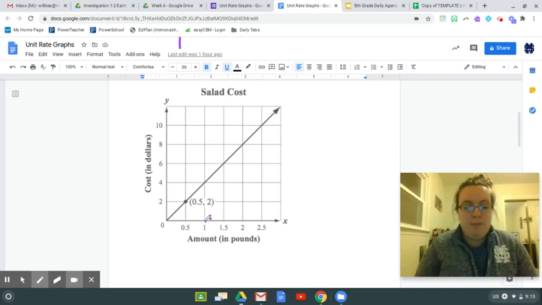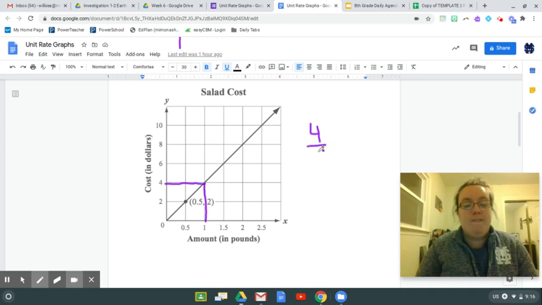I'm going to go up to my line. Boom, right? I'm seeing where the line hits when the x-axis is 1. Well, it hits right here. I'm going to look over to the left, see where that's at. And it hits at 4.